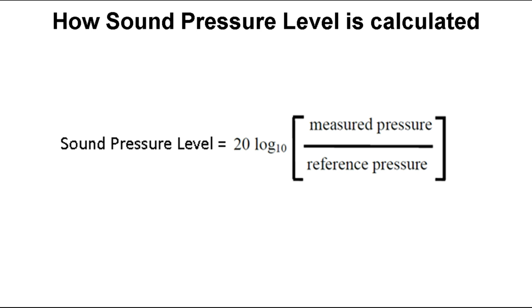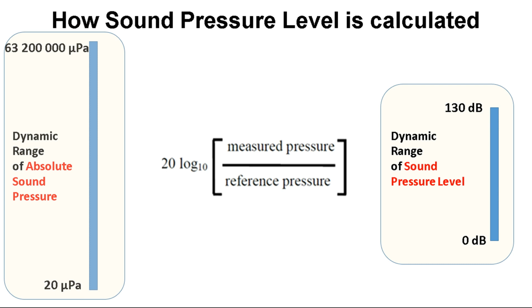So when you apply this equation or this formula to the dynamic range I showed you before, you get this compressed dynamic range that is from 0 dB to 130 dB.